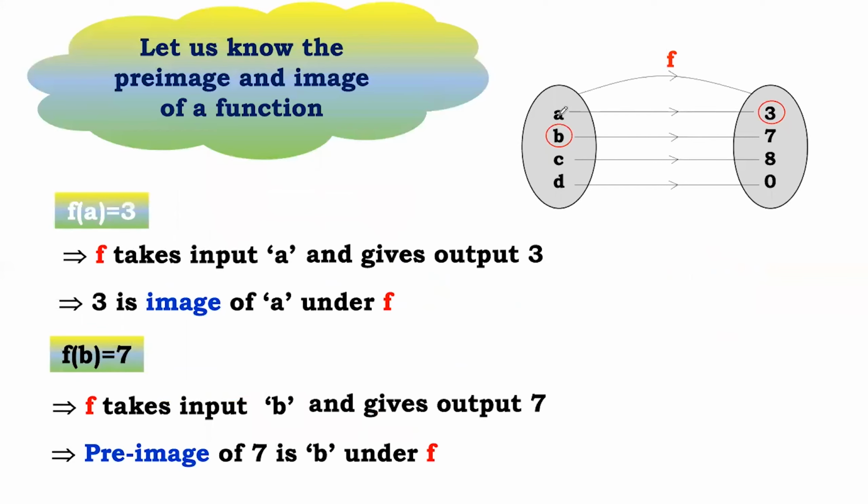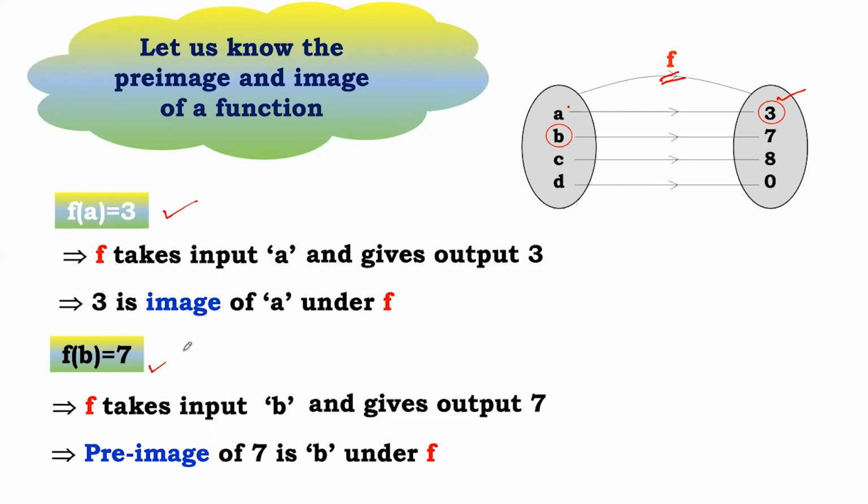Now, image and pre-image, right? f(a) = 3. We are taking the example of f(a) = 3. Then f takes input a and gives output 3, right? So 3 is known as the image of a under the function f.